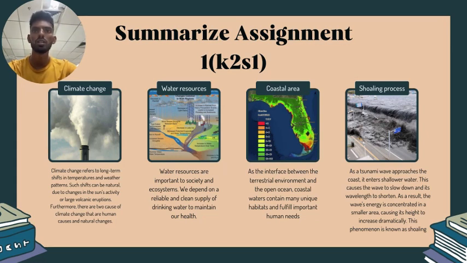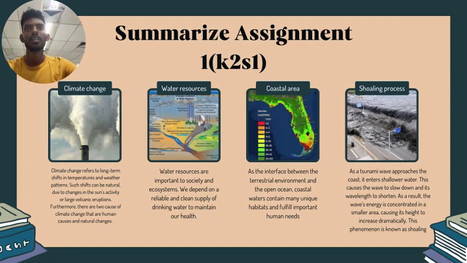Some of these natural cycles include Milankovitch cycles and El Niño Southern Oscillation, ENSO, and solar variability, and also volcanic eruptions.